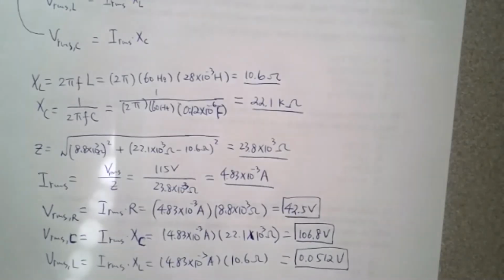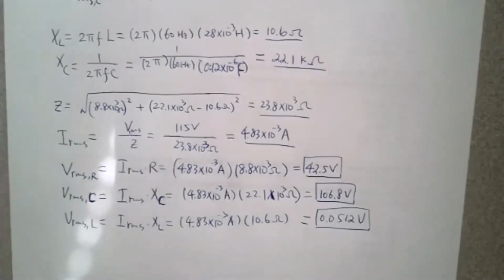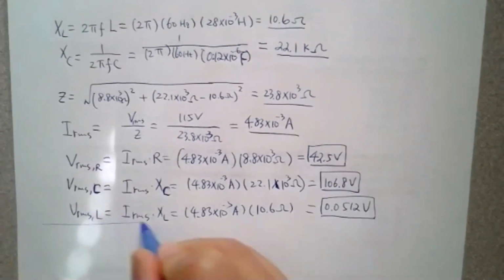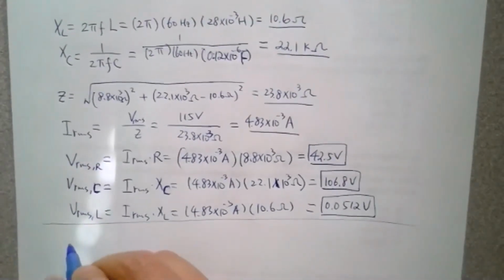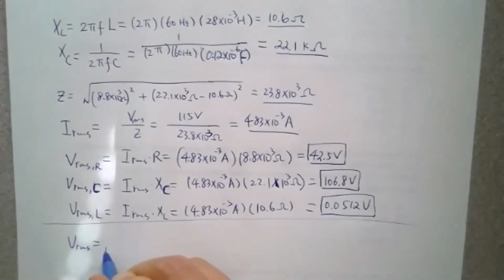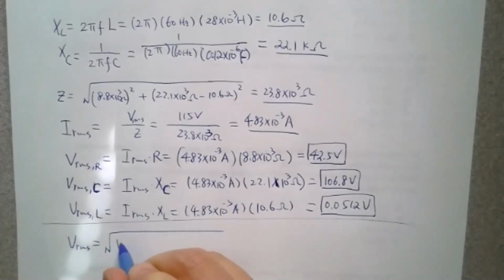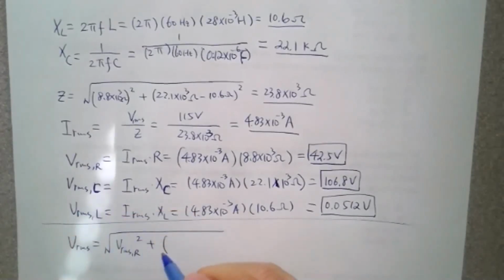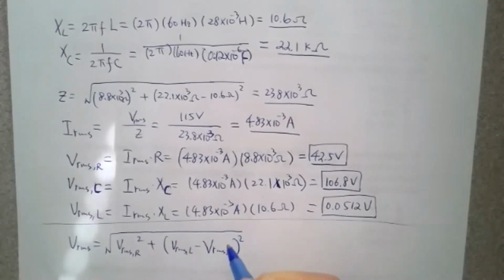And at the end, you can verify that your VRMS, which is 115, should be equal to the square root of VRMS on the R squared plus the difference between these two, VRMS on L minus VRMS on the C, squared.